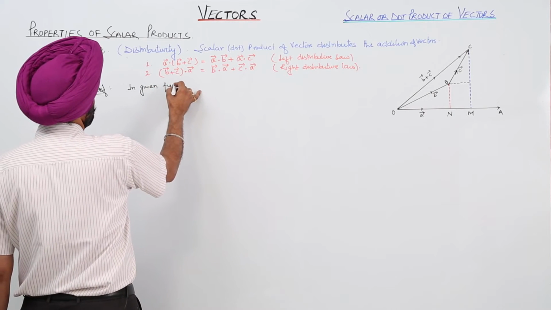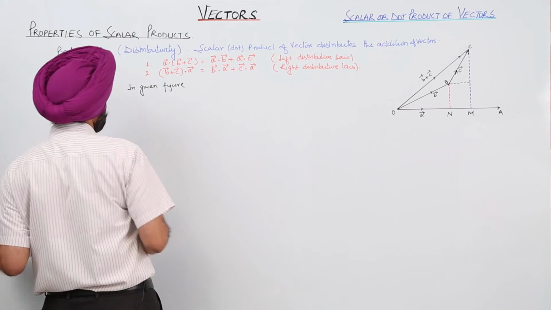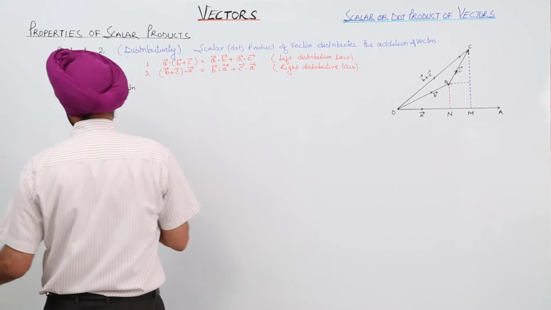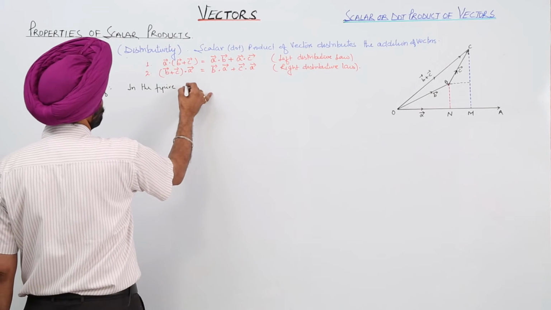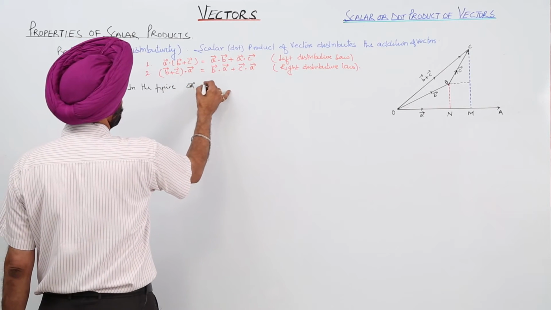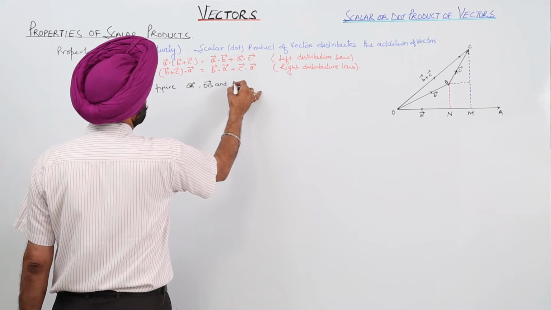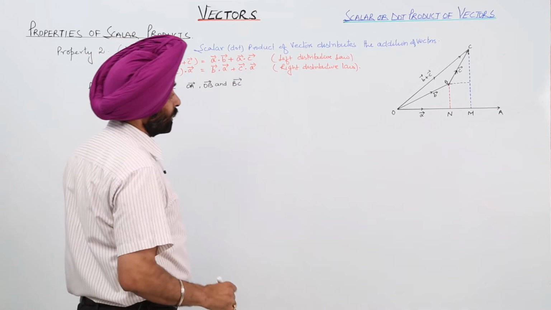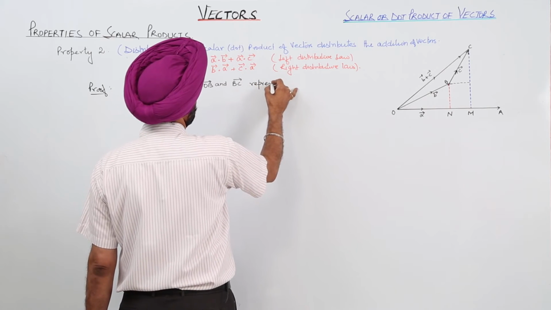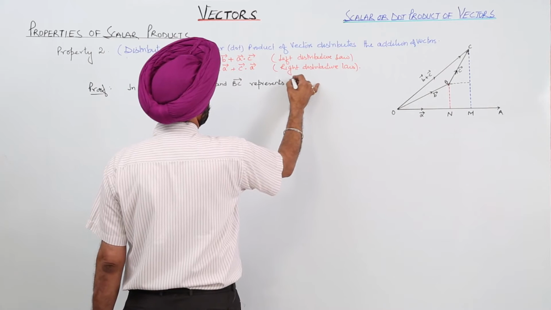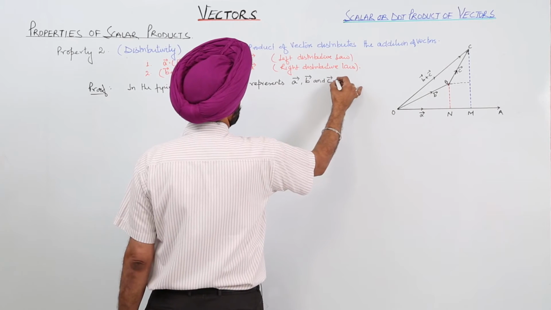In the figure, vector OA, vector OB and vector BC represent vector A, vector B and vector C respectively.